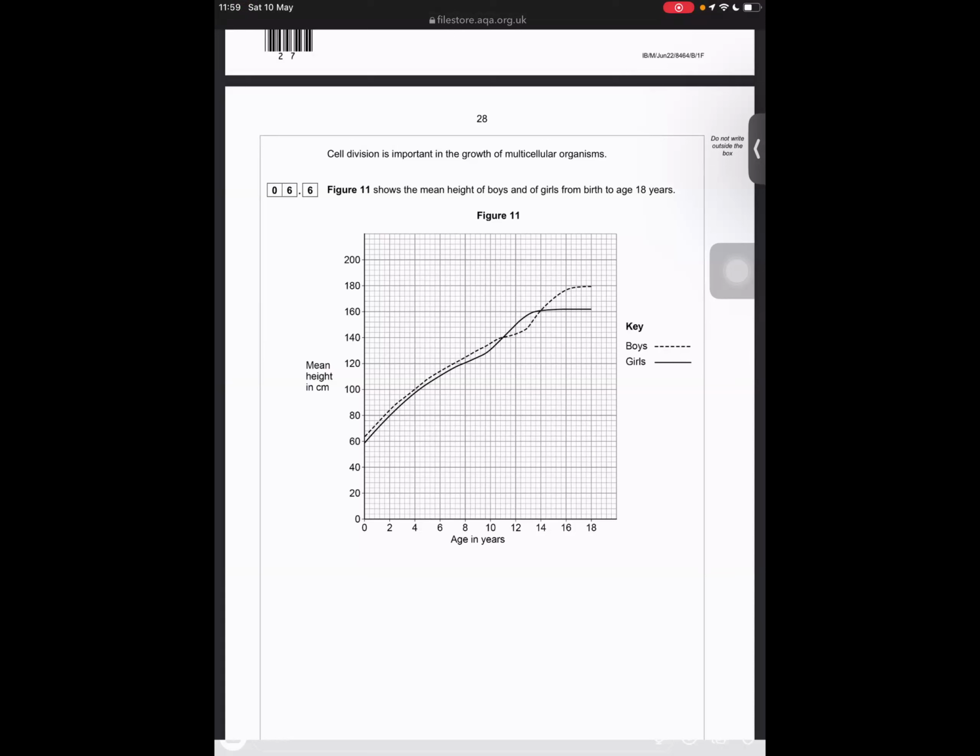At the age of 12, it seems like the boys grow taller than the girls. And then after the age of 12, the girls just even out. They don't grow taller anymore. Do you agree with that? Yes. Alright.